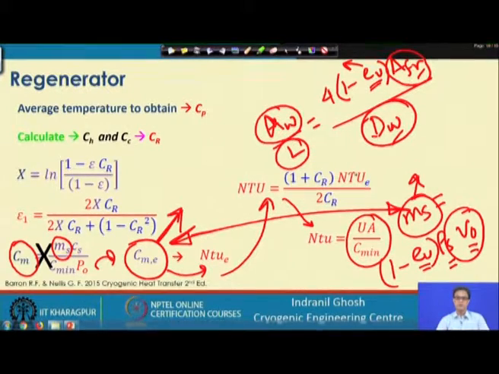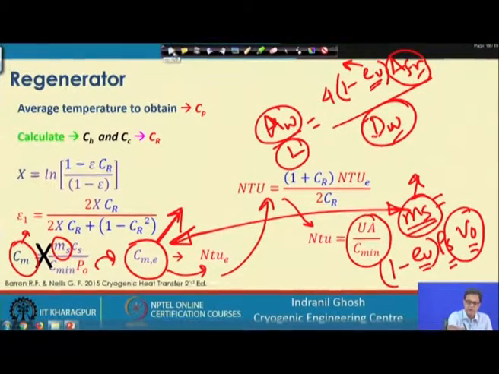Based on our initial assumption of that Cm, the number of iterations to be done will depend. If we make a good estimation of that Cm, the number of iterations will be less. Otherwise, if we make a bad estimate of this regenerator capacity Cm, we will land up with a different mass, and we have to do a number of iterations to get the actual value.